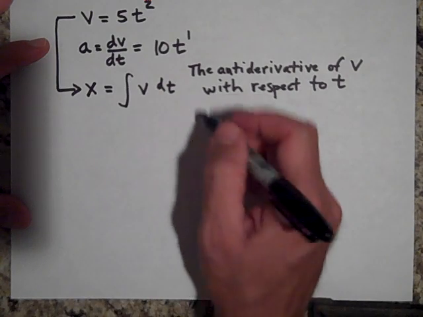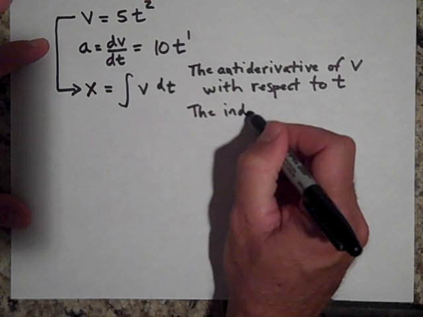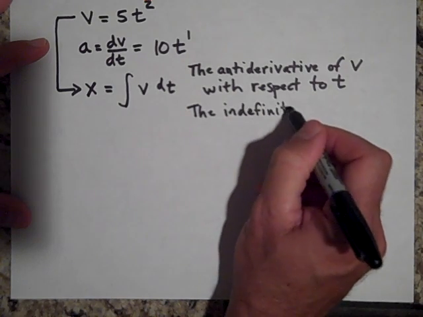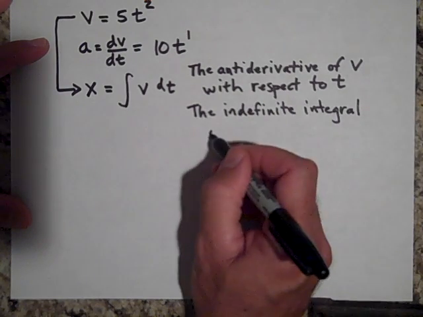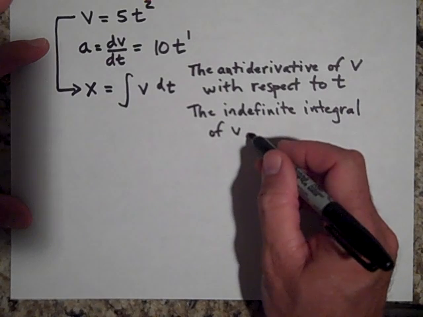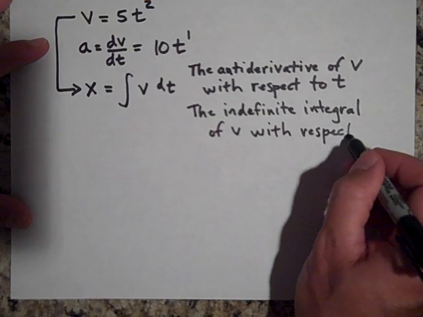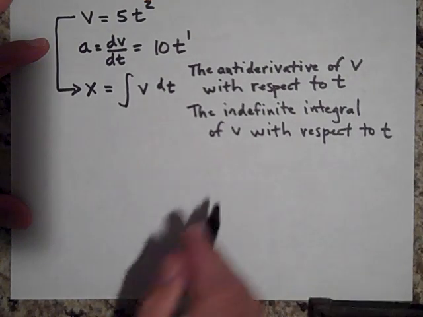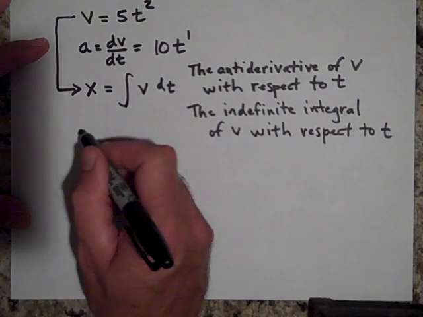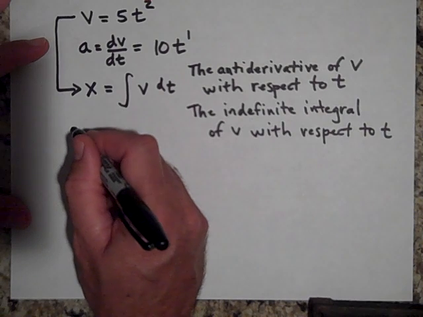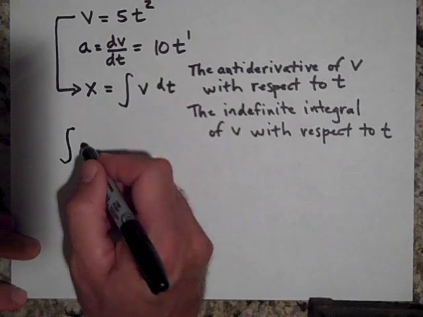Another way of saying this, though, is we can say that this is the indefinite integral of v with respect to t. And the way you evaluate this then is, in general, this is how you evaluate this equation.